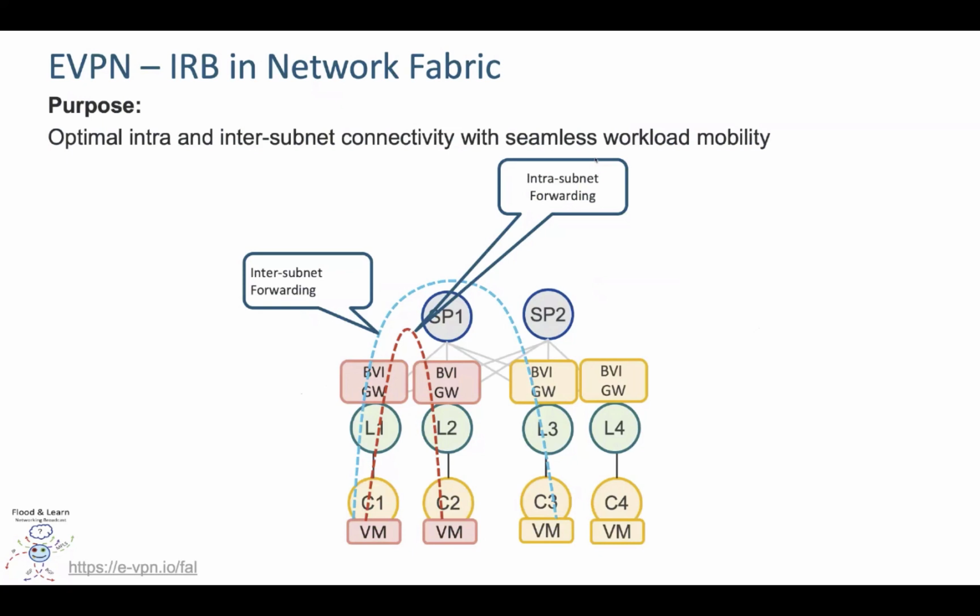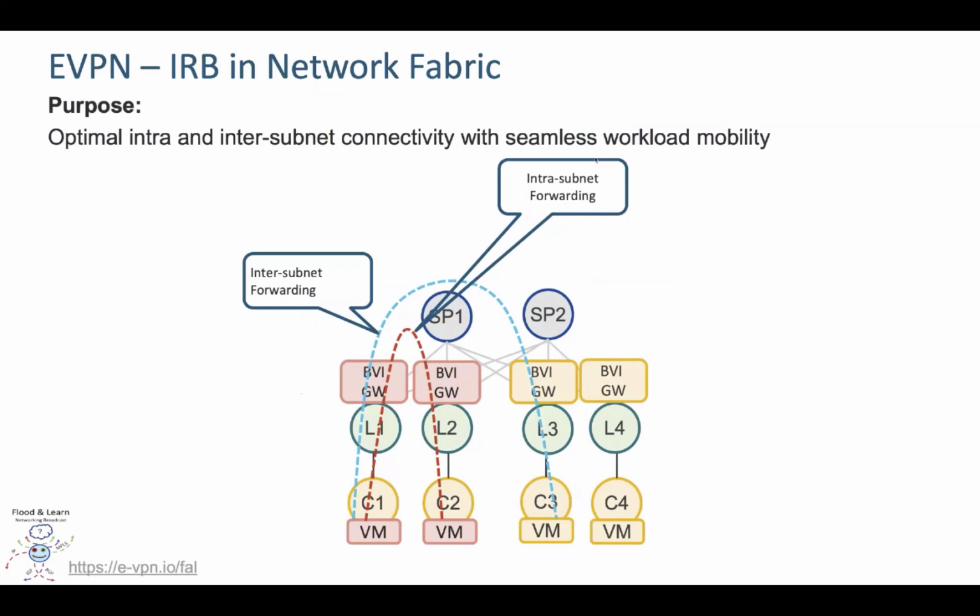But now, because you also advertised the IP part of the subnet, you also have this forwarding information in your FIB. So when you get a packet, you are reaching your default gateway, for example on L1, and you want to send it to a host behind L3 and L4, you will do the normal routing which you are used to from the L3 VPN world.